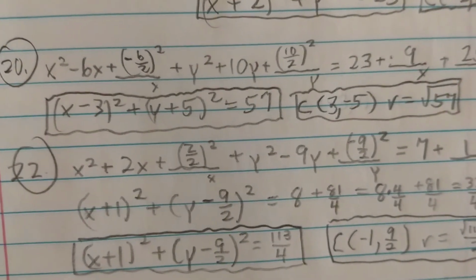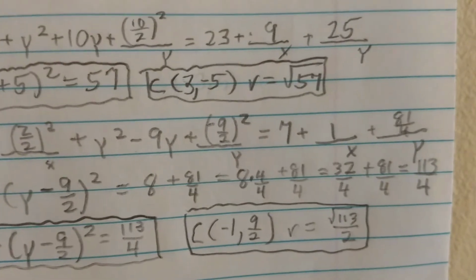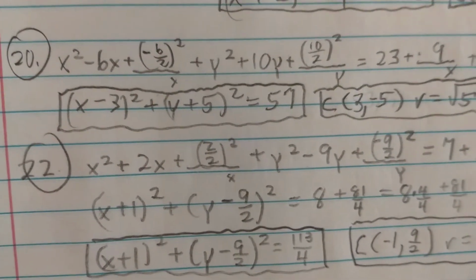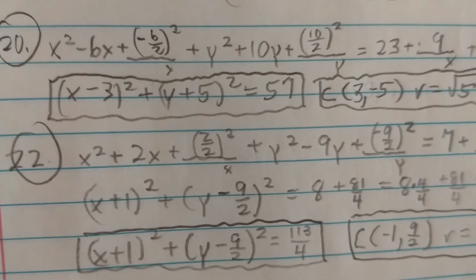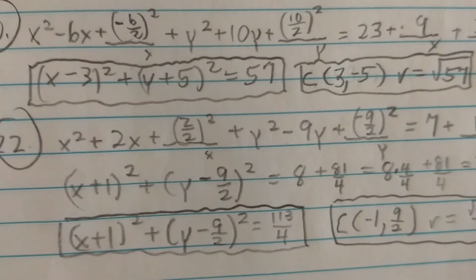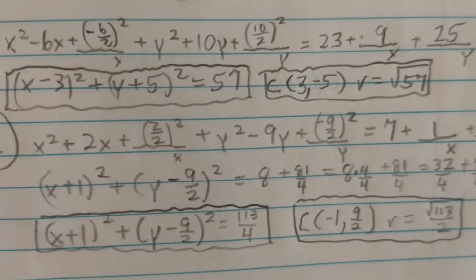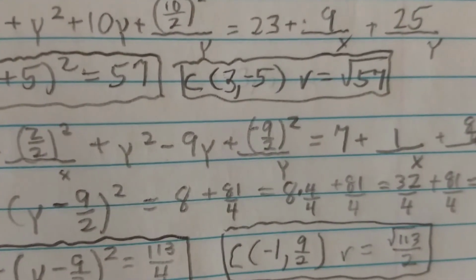Now here we have more to work with because we have both x and y to complete the square for, so we'll have a blank for x and a blank for y on both sides. So doing again the same procedure, x squared minus 6x, minus 6 over 2 is negative 3, and that's what goes below in the bottom, x minus 3 squared. But we square that, negative 3 squared is 9, so we put the 9 on the blank x on the right of 23.